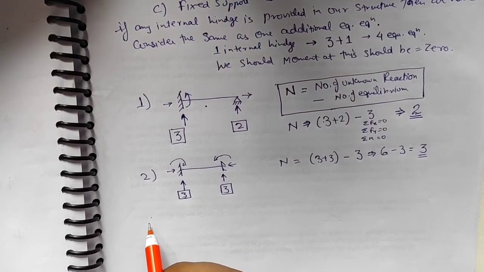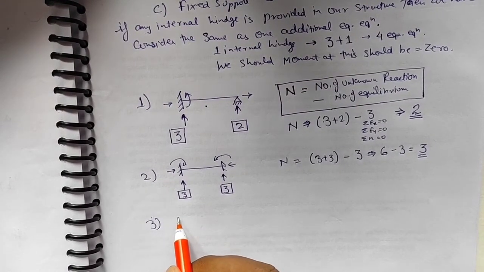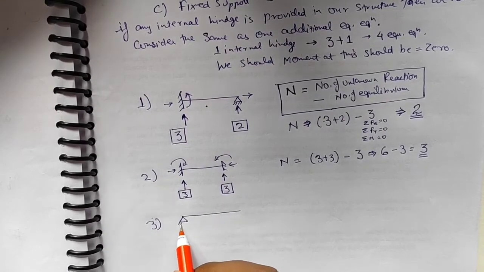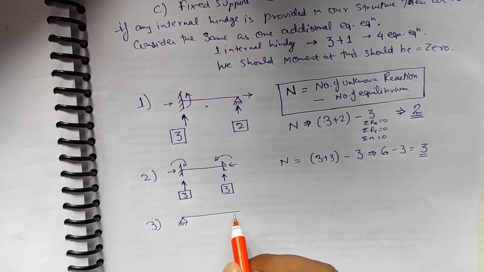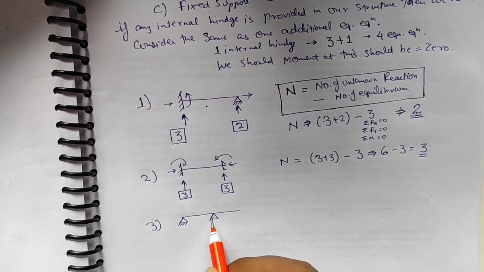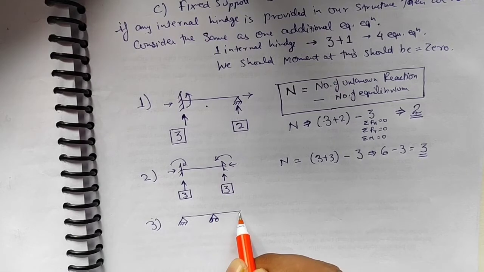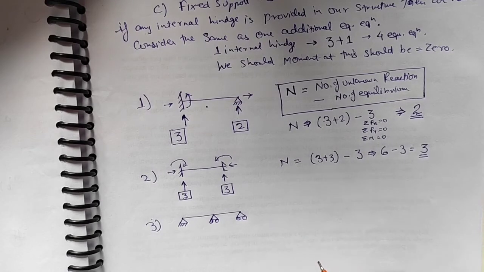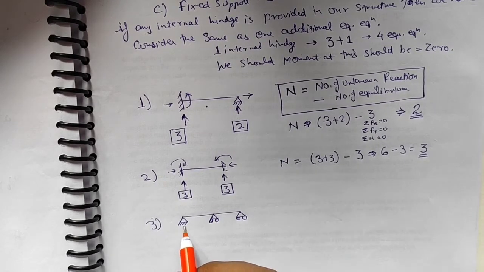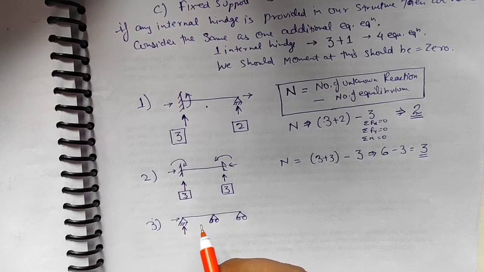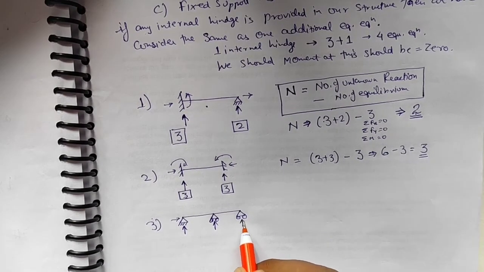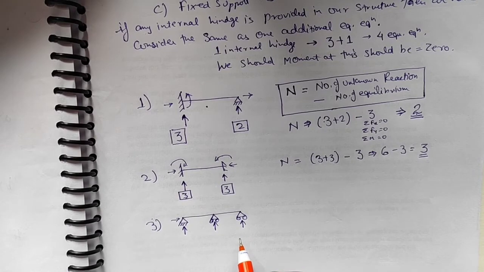Again we take a few more examples, such as a beam having a hinge support at one end, one more support in the center, that is a roller support, and at the other end again a roller support. We know that a hinge support has two external reactions, and a roller support has one reaction.